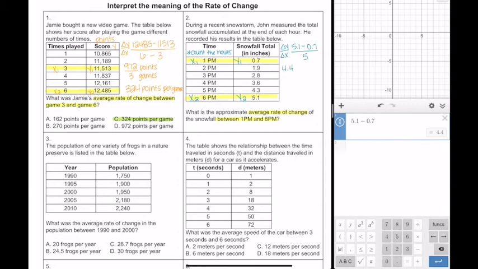So it changed 4.4 inches over a period of 5 hours, but we want to know how many inches it increased each hour. So we'll do 4.4 divided by 5, and that gives us 0.88 inches per hour.